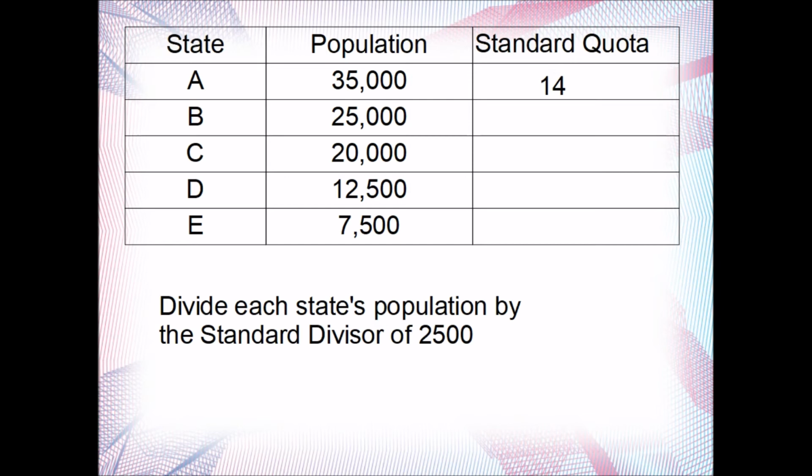So for B, I take 25,000 divided by 2,500, and I get 10. For State C, I take 20,000 divided by 2,500, and I get 8. And same thing for State D, and same thing for State E. So I have figured out the standard quota for each state, so I have determined how many seats each state will get. Not too bad, right?